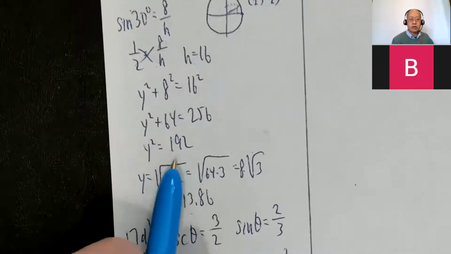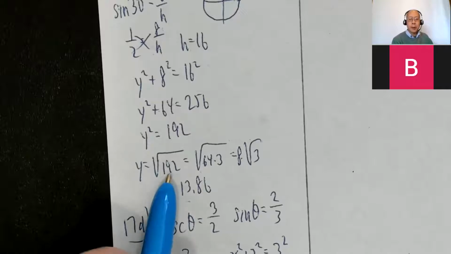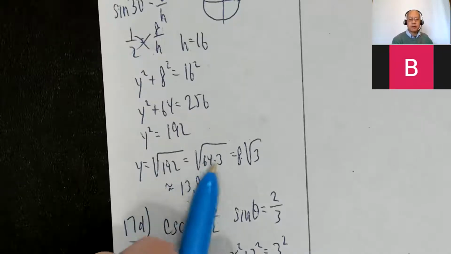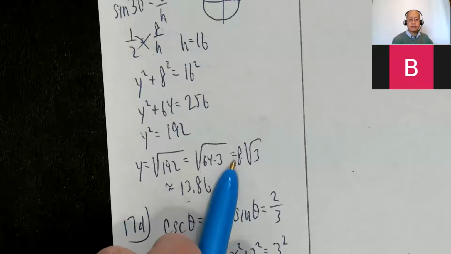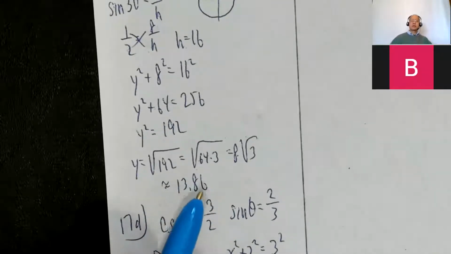Subtract 64, y squared is 192. So y is the square root of 192. 192 happens to be 64 times 3. Take out the 64, it becomes 8. So 8 radical 3. Punch it in a calculator, it's roughly 13.86.